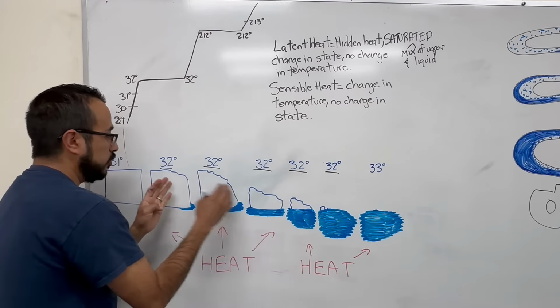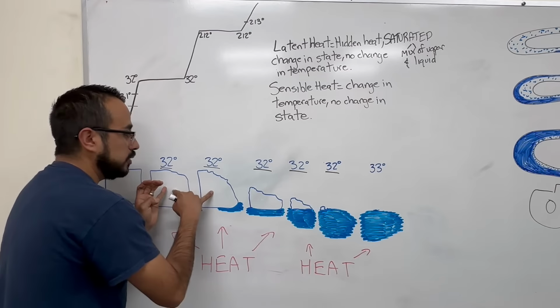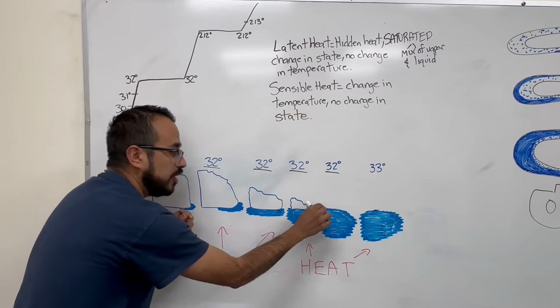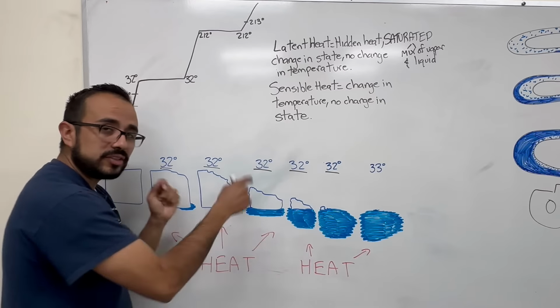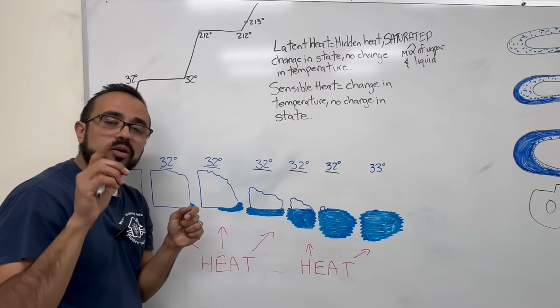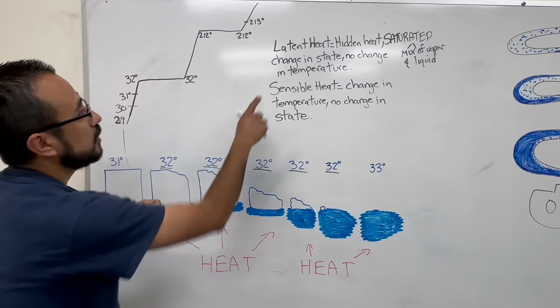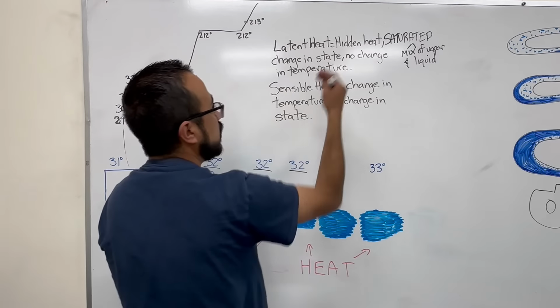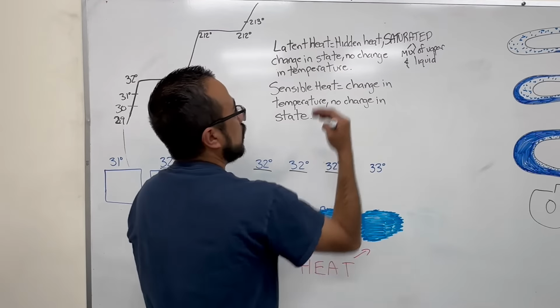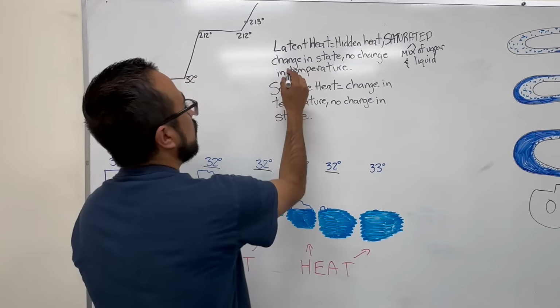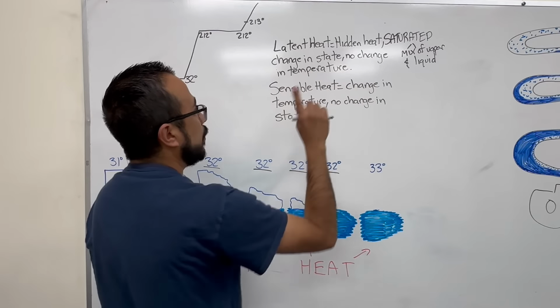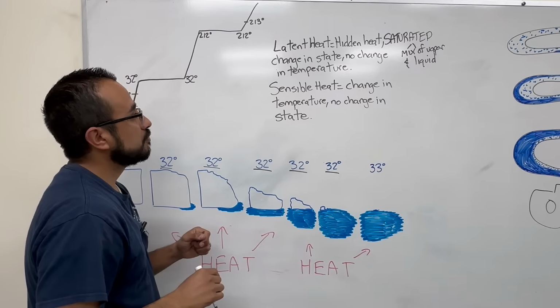When you have a mix of ice and water, even though it's a little bit of ice, as long as you have a mix, the temperature remains the same. And that's what we call latent heat. Latent heat is your hidden heat, your saturated mix of vapor and liquid, which we'll talk about in the refrigeration cycle, but it is a change in state, but no change in temperature.